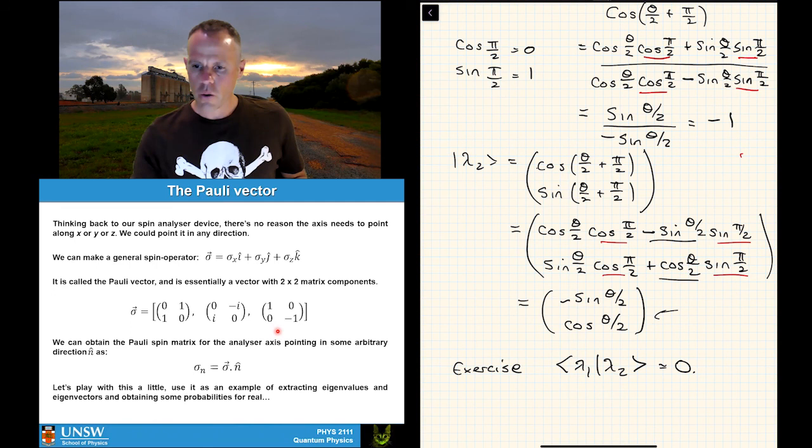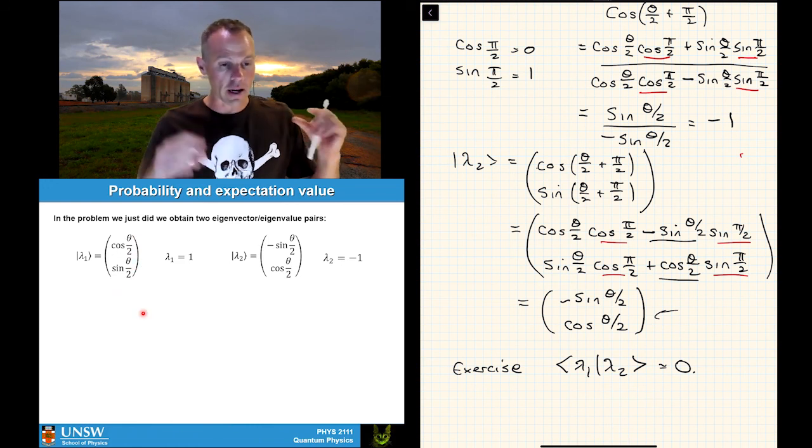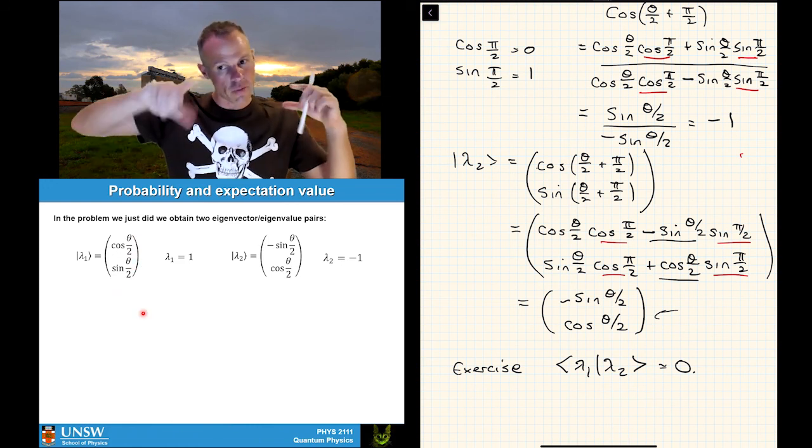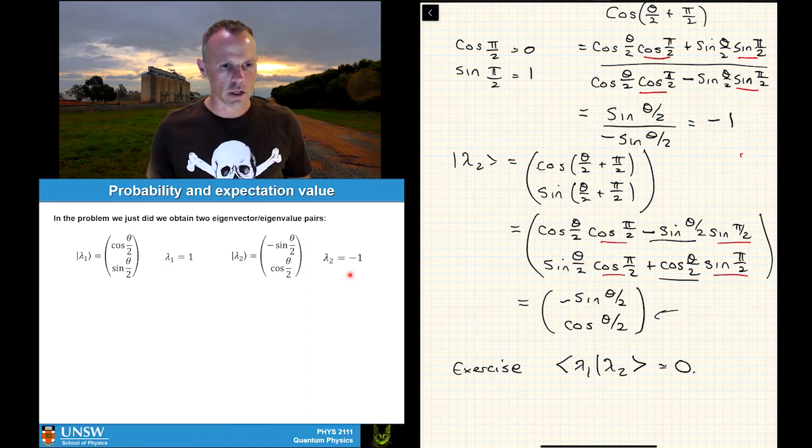Okay, so where we're at now is this position here. We have two eigenvectors that have a form that looks like cos theta on 2 and sine theta on 2 as the elements. And in the two cases, they're one way round and the other way round. And we have two eigenvalues here that are +1 and -1, which actually make us feel pretty good at this point because that's kind of what we would expect.